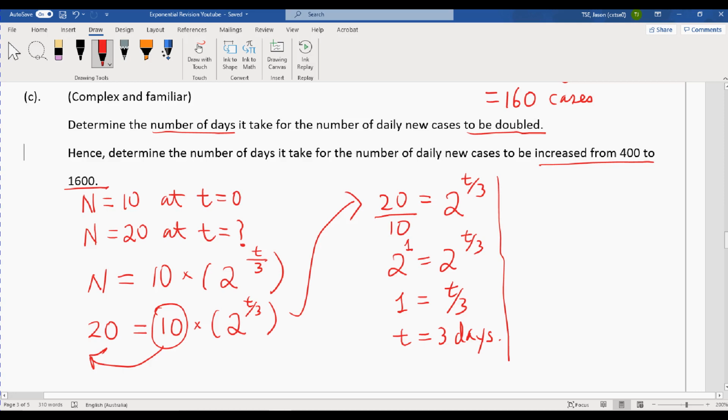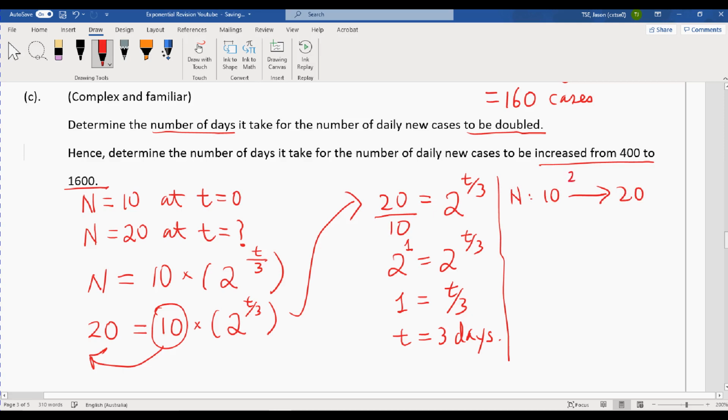So we're understanding the exponential graph. You will always take the same time for the number of cases to double. So from 10 to 20, how many days does it take?